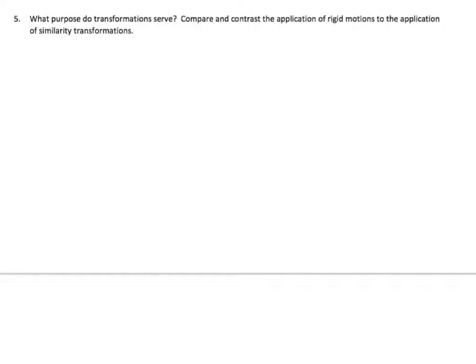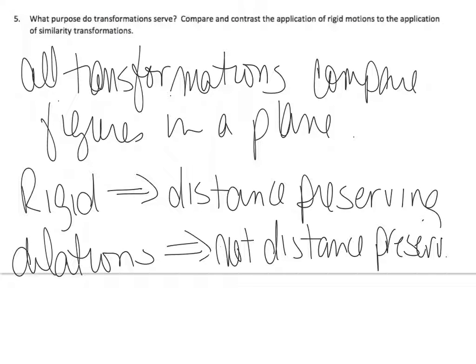All right, what purpose do transformations serve? Compare and contrast the application of rigid motions to the application of similarity transformations. I'm going to sketch a few answers and I'll be right back. Okay, all transformations compare figures in a plane. We know that rigid motions are distance preserving and dilations are not distance preserving.